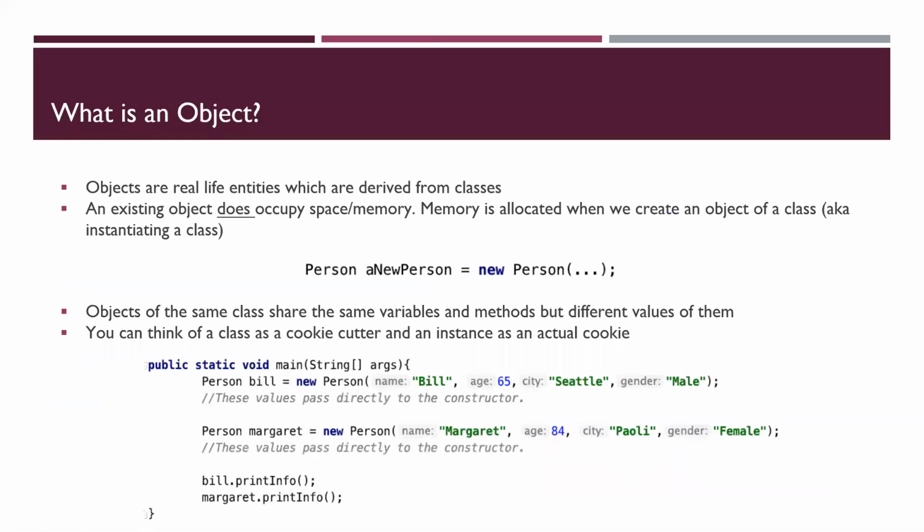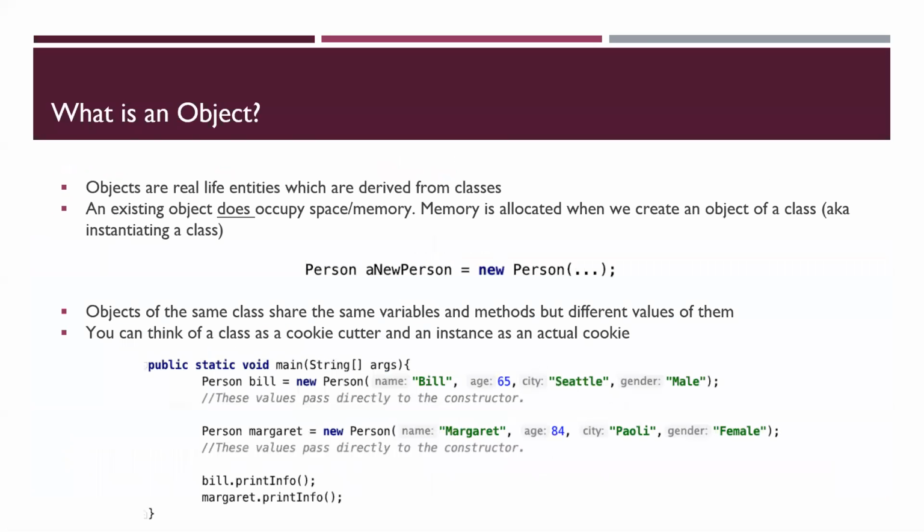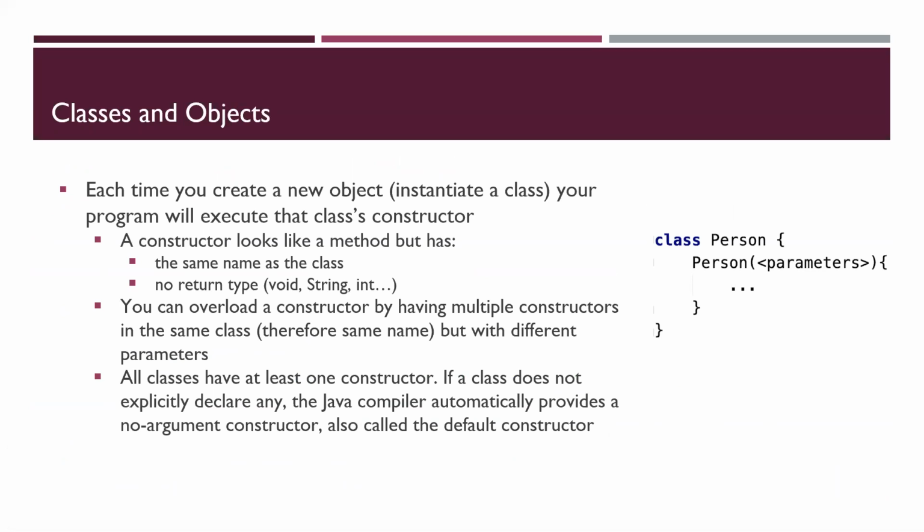Also, I want to go back because I realized I said something wrong earlier. Overloading, I was thinking overriding. We'll talk about overriding next week. But overloading just means you can have multiple constructors or multiple methods that take different parameters. With a constructor, for the person constructor, I can have an empty one.